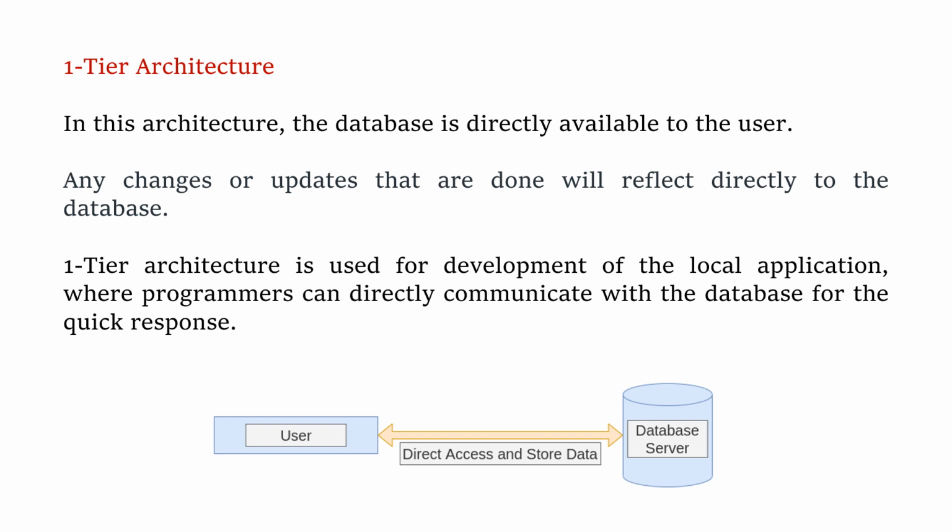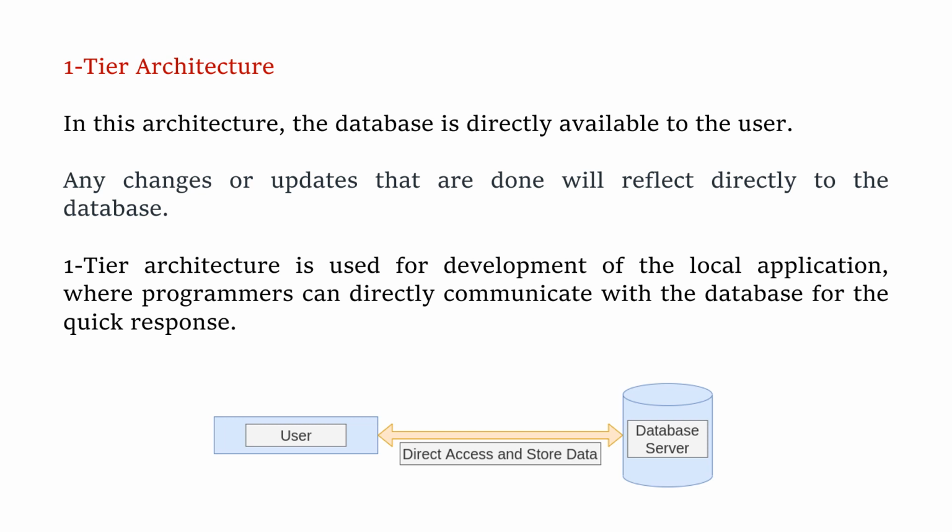First, we can see what is a one-tier architecture. In this architecture, the database is directly available to the user. Any changes or updates that are done will reflect directly to the database. This one tier is used for the development of a local application where programmers can directly communicate with the database for quick response.